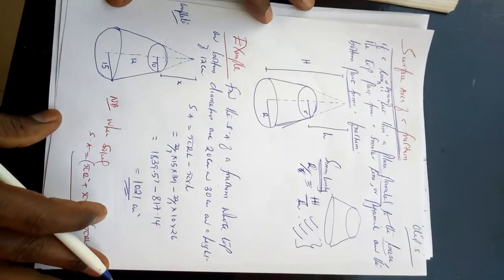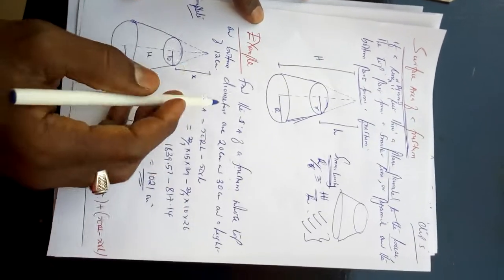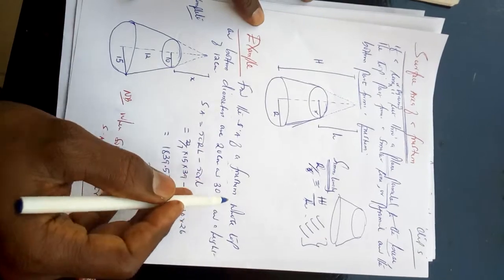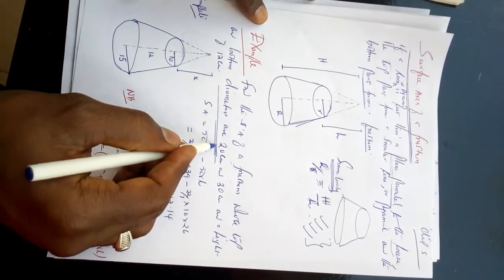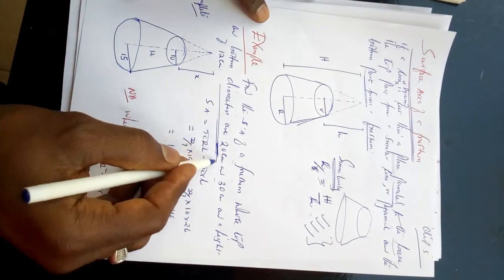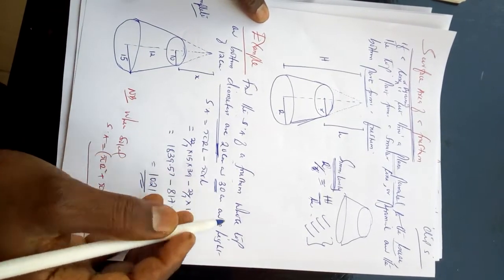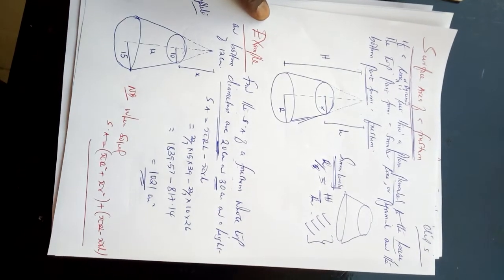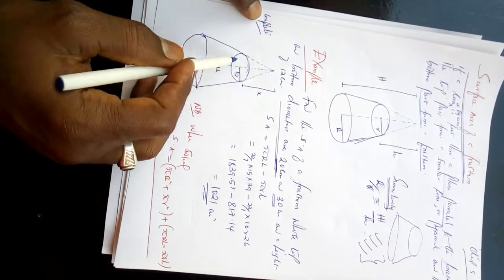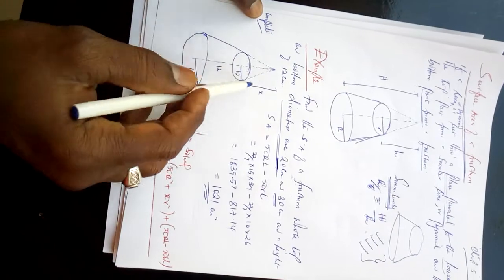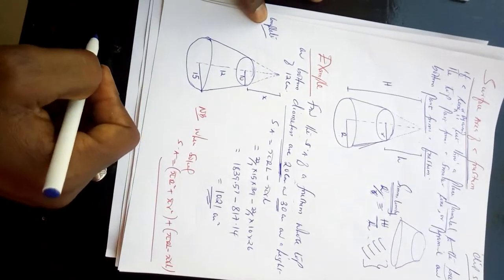For example, find the surface area of a frustum whose top and bottom diameters are 20 centimeters and 30 centimeters, and it has a height of 12 centimeters. I've drawn my frustum here, which I have completed. I'll put in the information given.